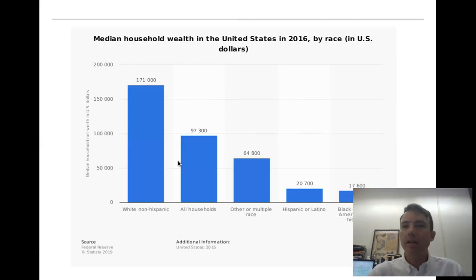So this says nothing about the size of households. And it's also the median amount of wealth. Medians are quite good, at least for sociological analysis, because they control for outliers.